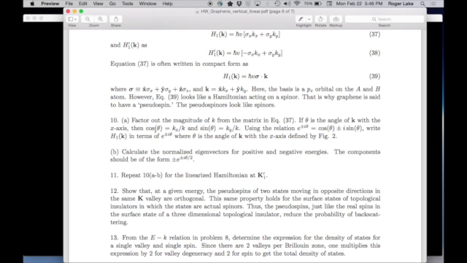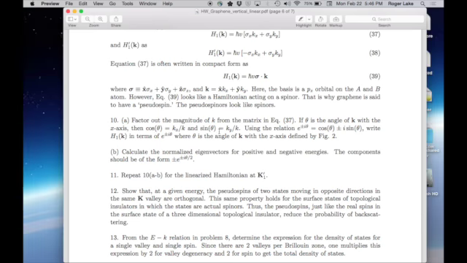And these values are just the cosine of the angle and the sine of the angle with respect to the kx axis. In the 2D kx, ky plane, it's the angle of your k vector with respect to the x-axis.